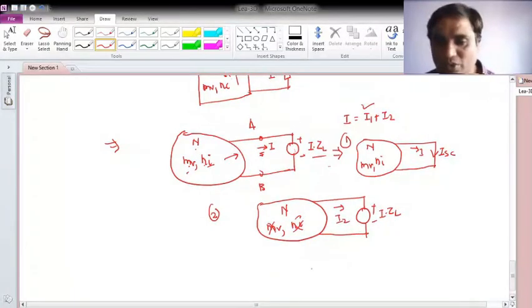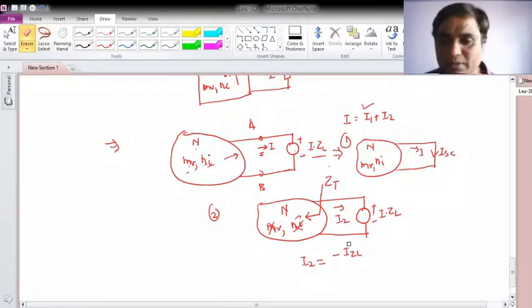Okay, so what will be I2? I2 will be, this voltage I know, that is I into ZL, divided by the impedance, and if I deactivate the voltage sources and current sources, I can find the total impedance ZT. Okay, so I2 will be minus I ZL over ZT.